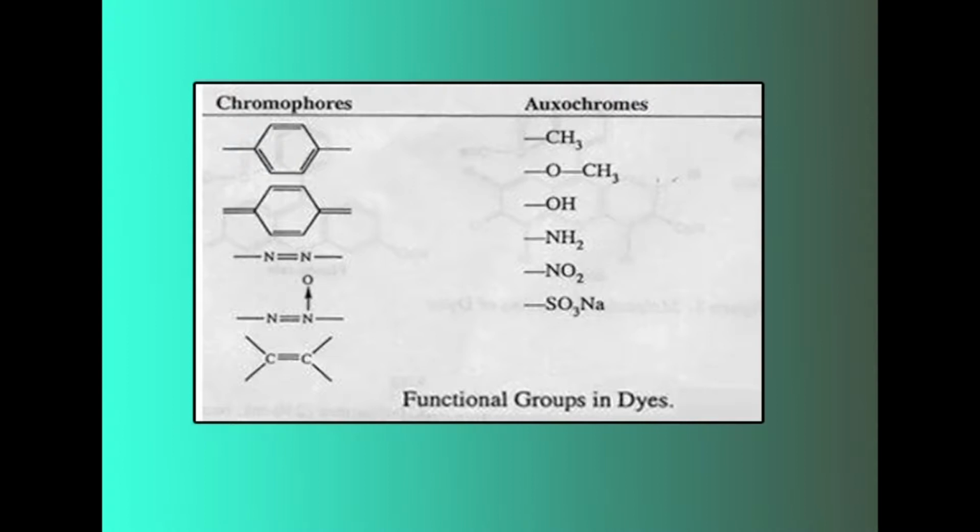A dye molecule without auxochromes would lack intensity of color, because the incident light waves would not be absorbed or reflected in a uniform way, and the sensation of the color would not be as good as in a dye molecule with auxochromes, so auxochromes are compulsory in a dye molecule.